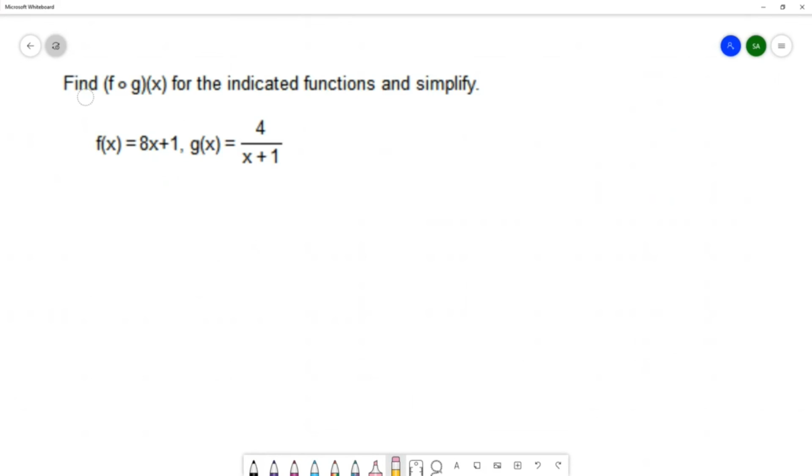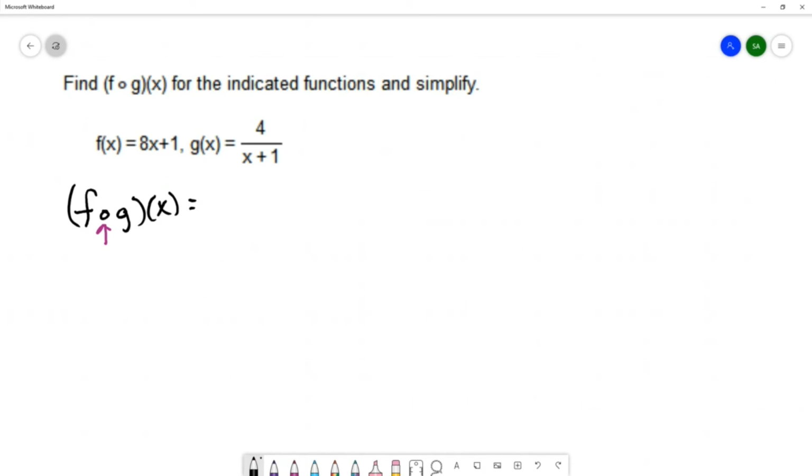On this question, we want to find f composed with g of x for the indicated functions and simplify. The indicated functions are f of x equal to 8x plus 1 and g of x equal to 4 over x plus 1. This symbol, f composed with g of x, is an operation on functions, and that operation is substituting one of the functions inside of the other function.